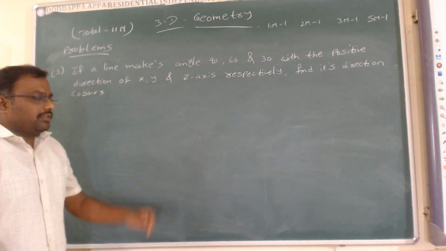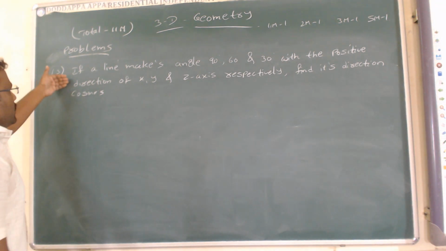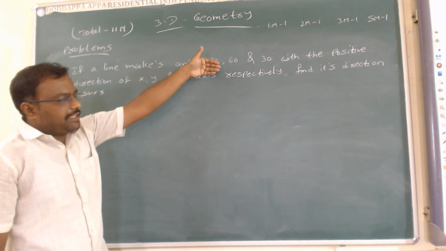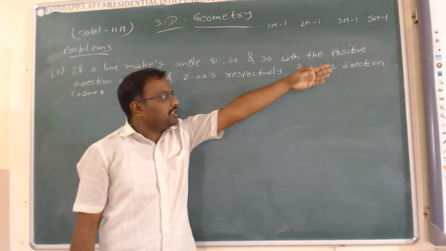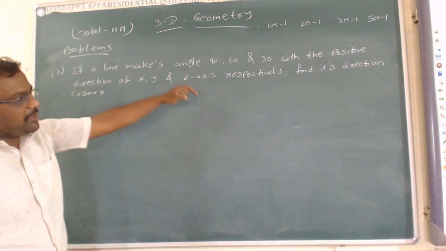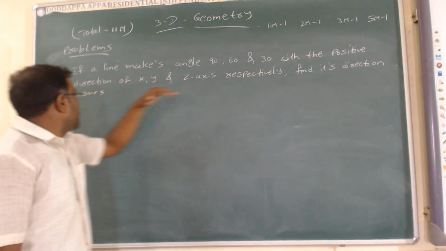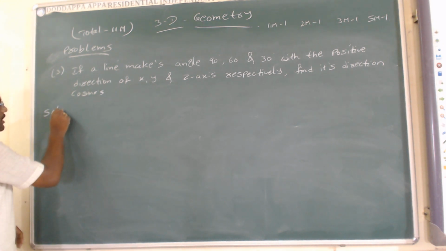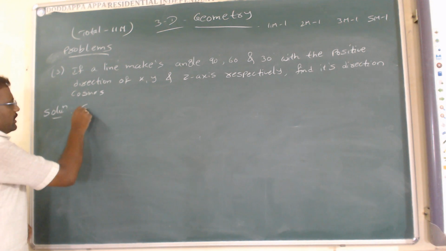Okay, so we go for the next, third one. What is the given here? If a line makes angles 90 degree, 60 degree and 30 degree with the positive direction of x, y and z axis respectively, then find its direction cosines. Okay, see here, first you have to write the given values.